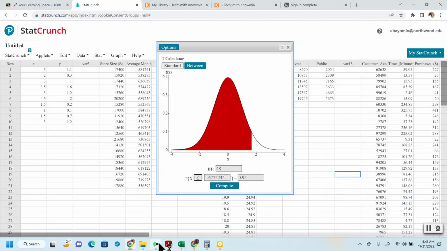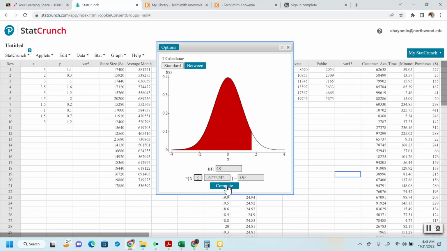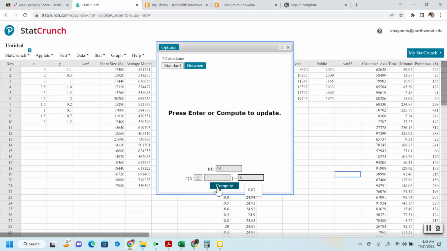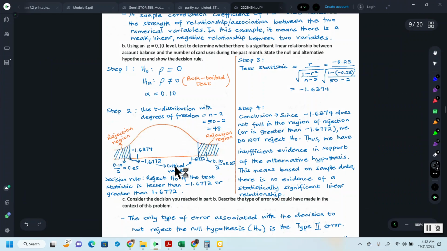In which case, I just prefer to use the upper value because it's easier for you to relate with the picture. So if I put it back, 0.05, the 5% in the upper tail, since it's the upper tail, I'll change this to greater than, the same value. So now that we have the critical value, take note, the lower value will be negative, the upper value will be positive.